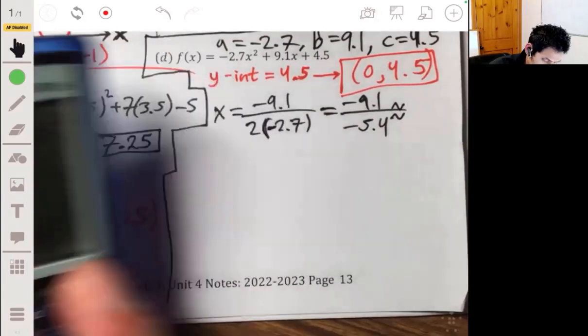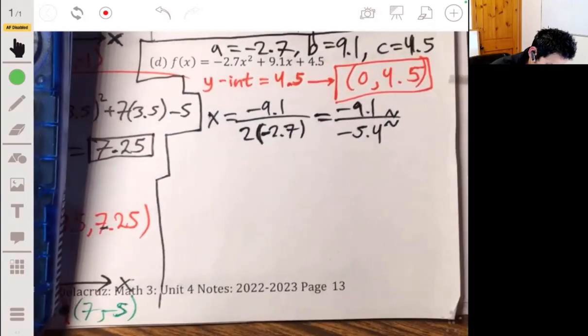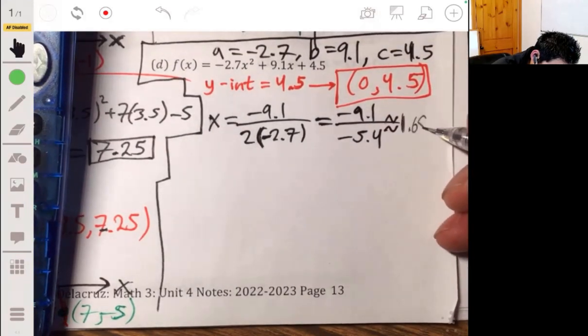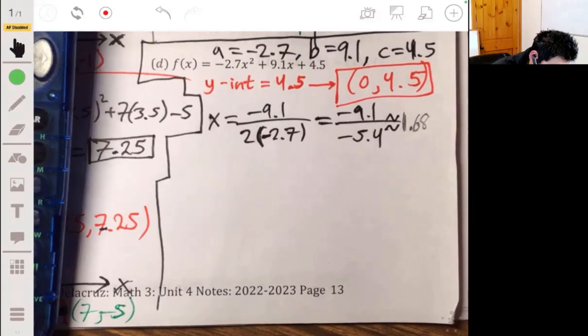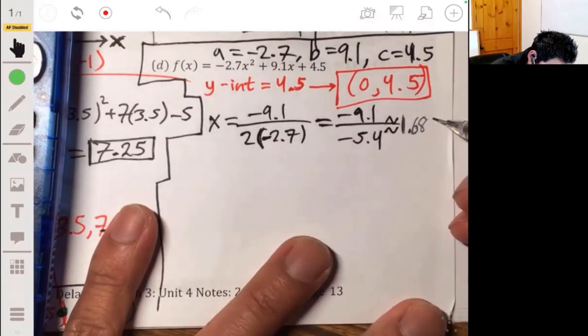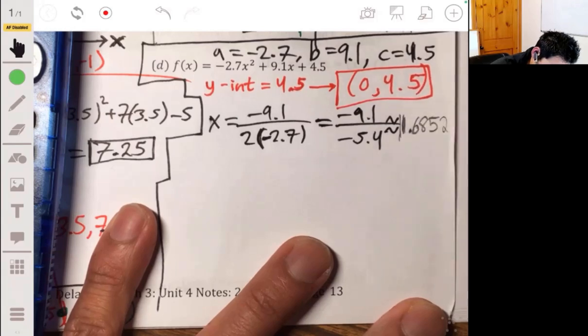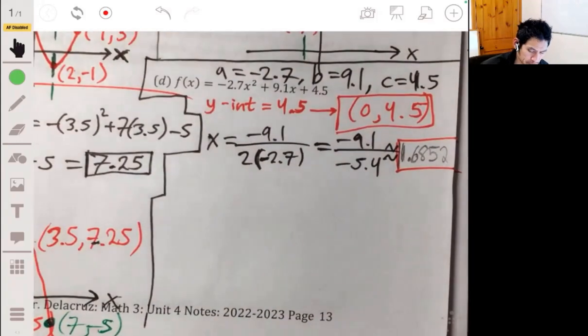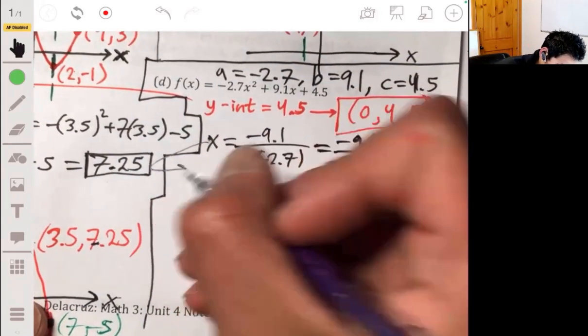So where did I put this? I know I'm going to use a pencil to make it smaller. 1.6852. And from that, let's find what the y value would be.